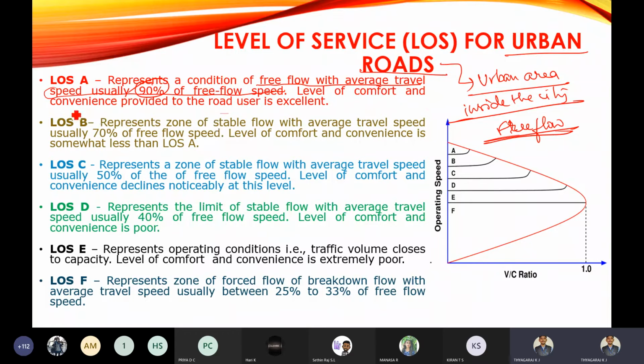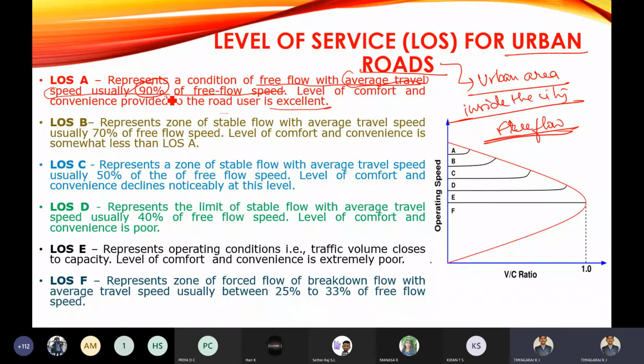Then the level of comfort and convenience provided to the road user is excellent. Remember, whatever we discussed for the level of service for urban roads, the same statements hold good for urban roads also. Only one thing we have added, that is the average travel speed.